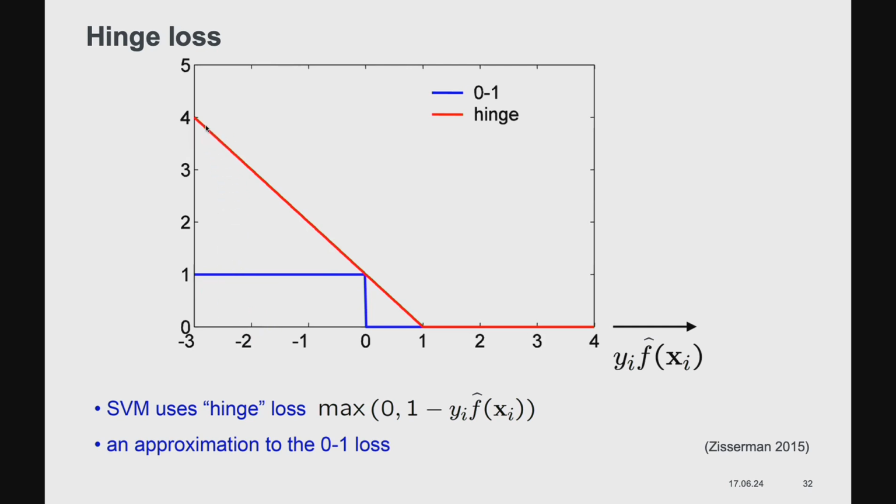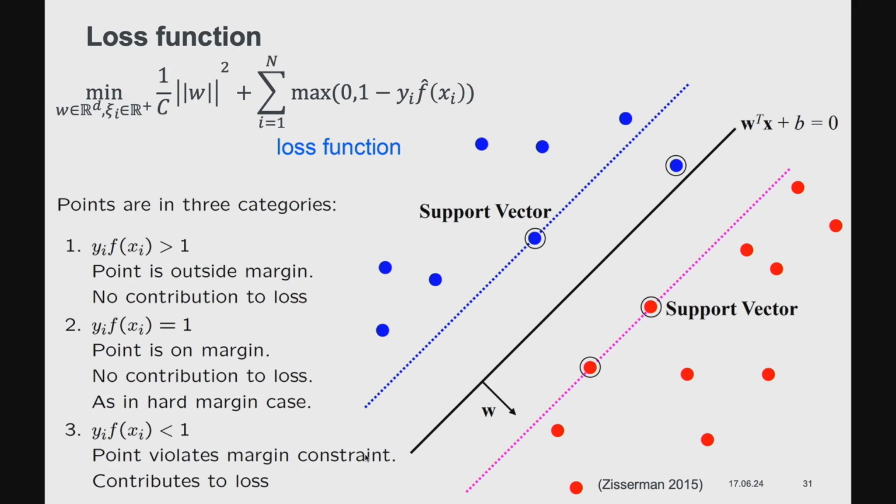That's what we want in order to push our discriminant line to put our example points on the right side of the discrimination. So the support vector machine uses this hinge loss implicitly. And you can see that this red line, in a way, approximates the 0,1 loss. But it does a bit more. It pushes this discriminant line.